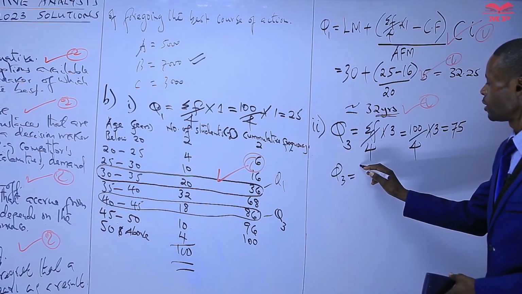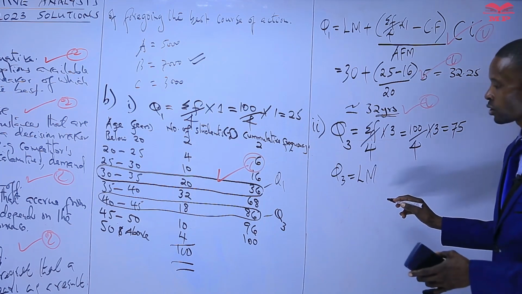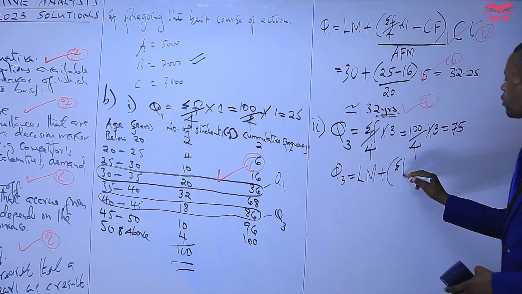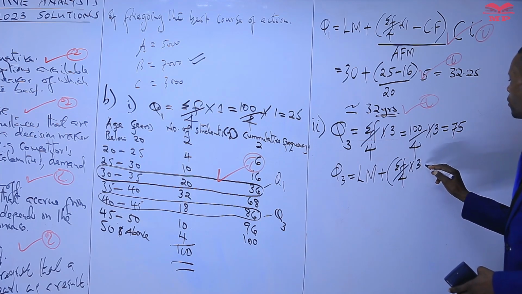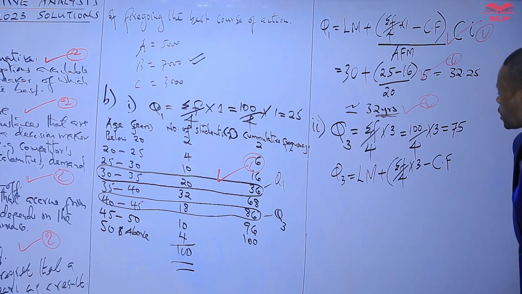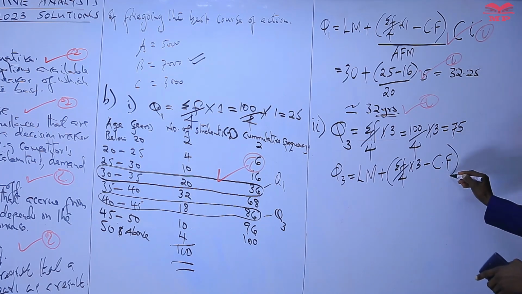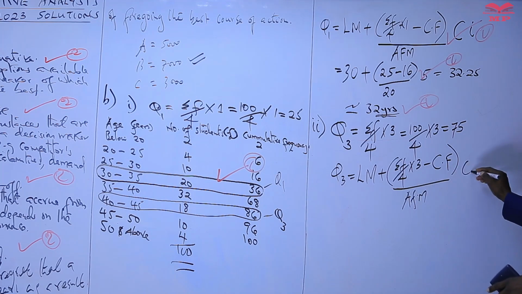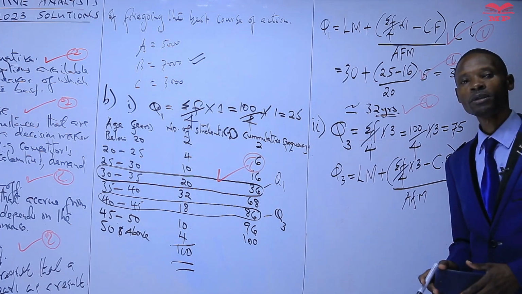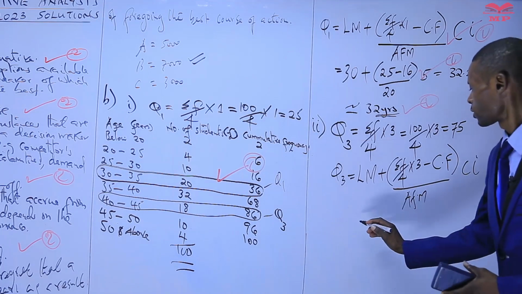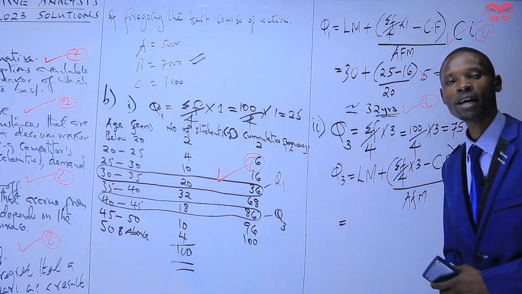We get the lowest boundary in that quarter range plus, into bracket, summation of f divided by 4 times 3, minus the cumulative frequency which is above that particular range. Then I divide by the actual frequency, then multiply with the class interval. Let us now have the figures.